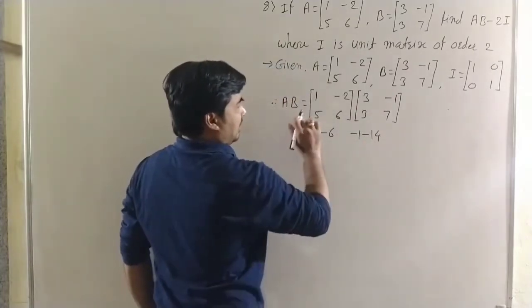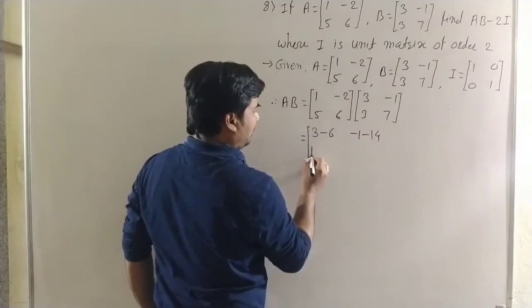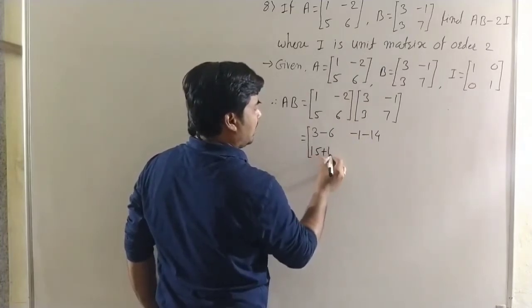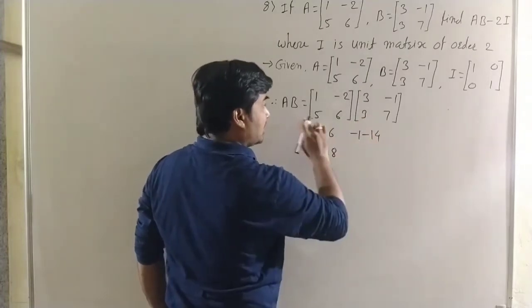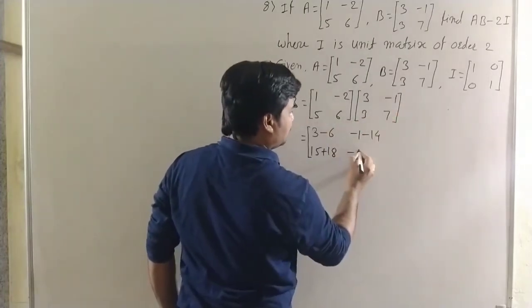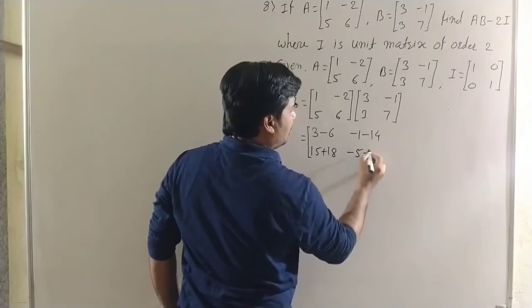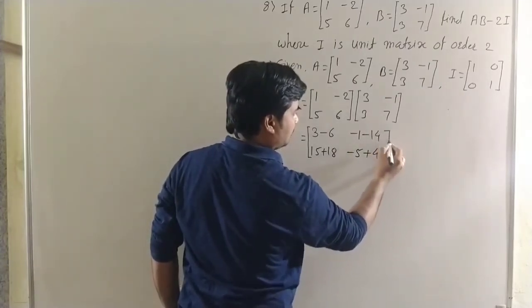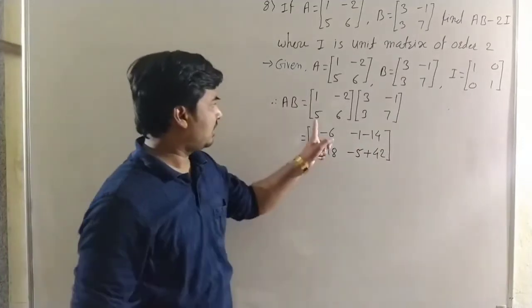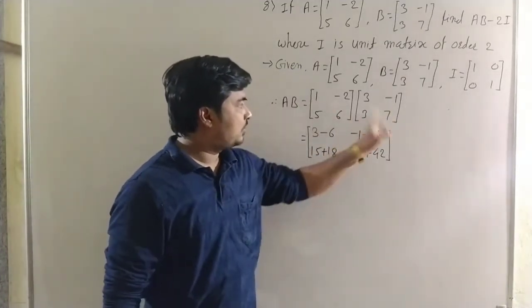Then second row first column: 5 into 3 is 15, plus 6 into 3 is 18. Then second row second column: minus 5 plus 42. See carefully here, minus 5 and plus 42.